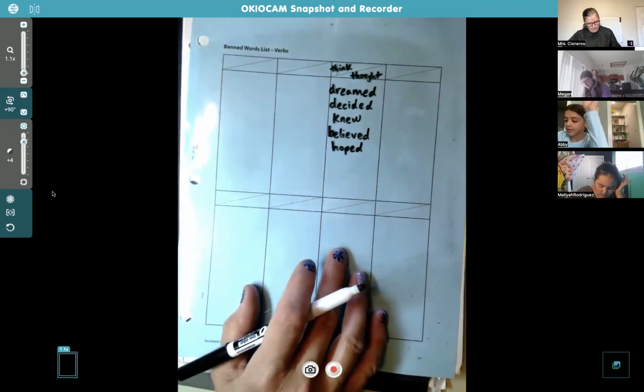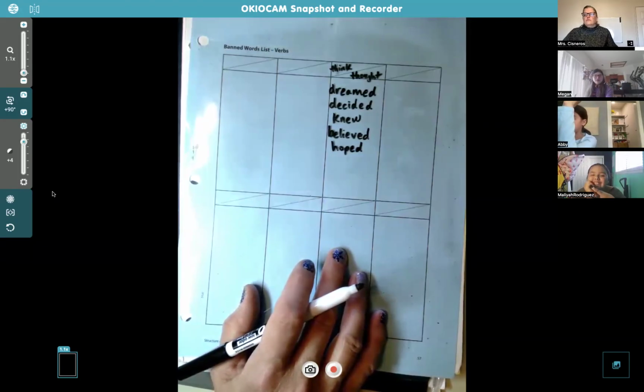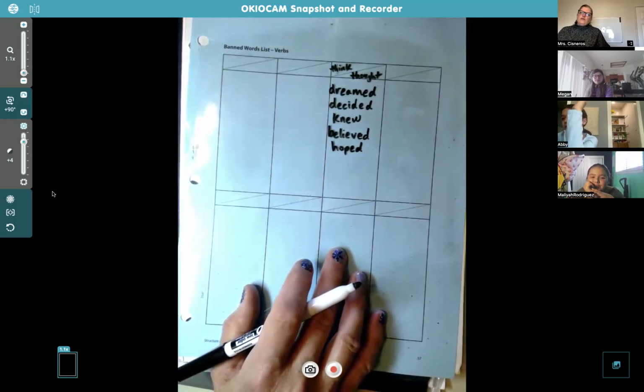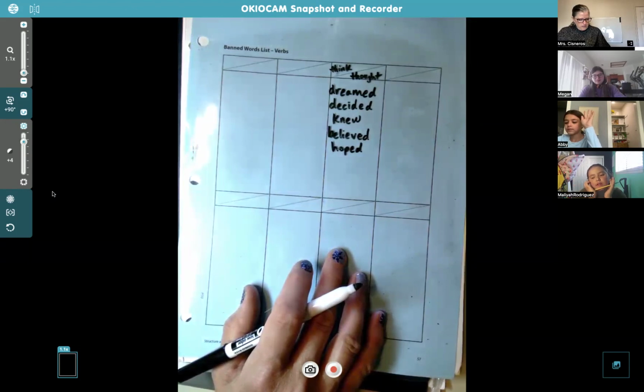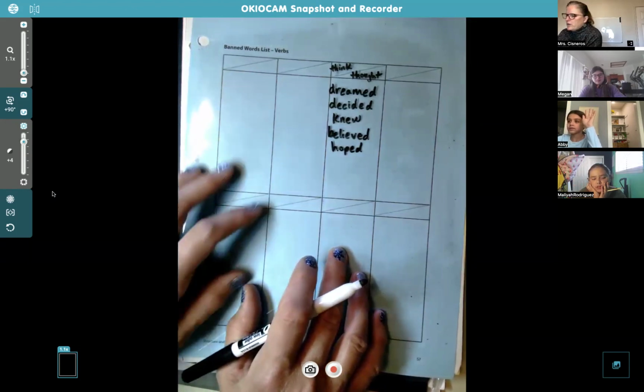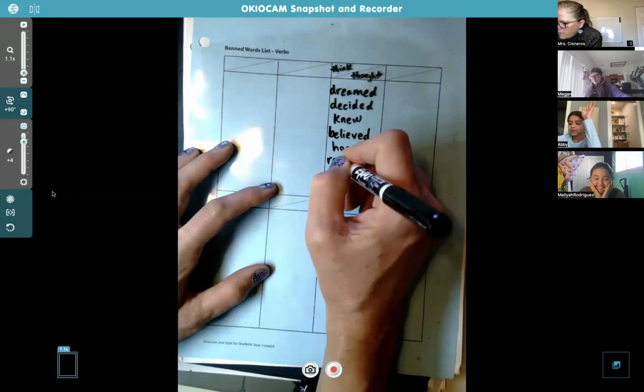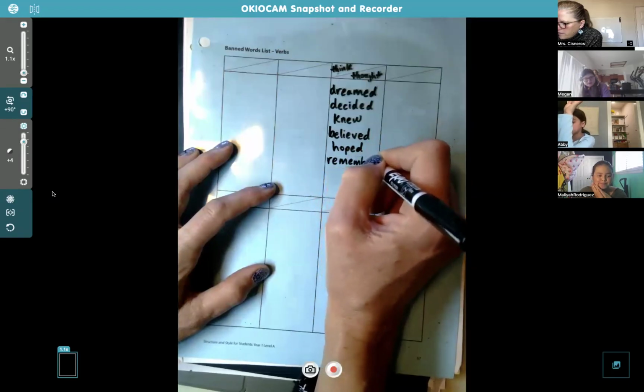Hoped is a good one. Ooh, how about brave? Brave, that's a good one, except that's not a verb. We're looking for verbs to tell about think or thought. Like remembered. I know it's a big word, but remembered is a good one.